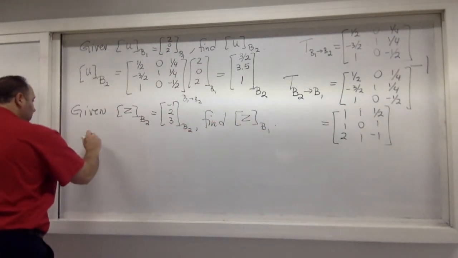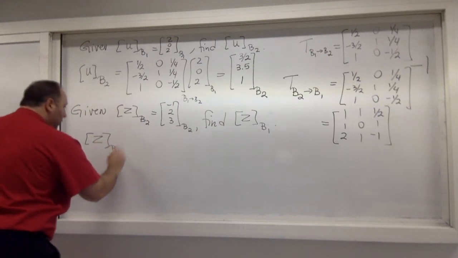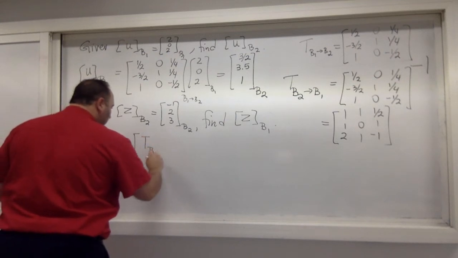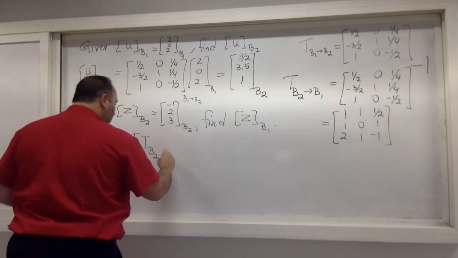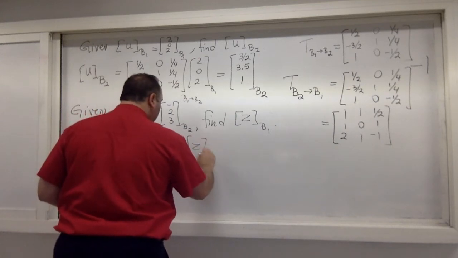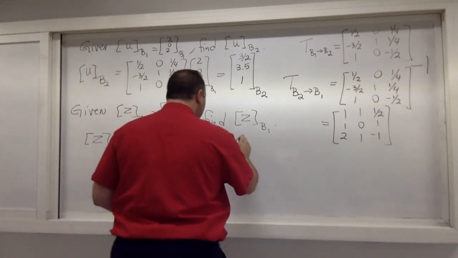So the coordinates of Z in B1 are given by, schematically, the matrix going from B2 to B1 times the coordinates of the guy in B2. So this will give me what I need.